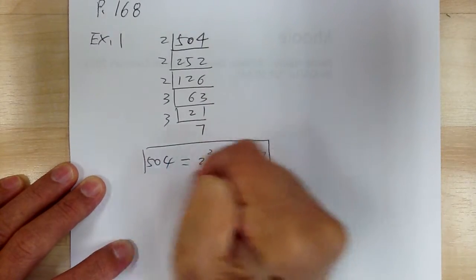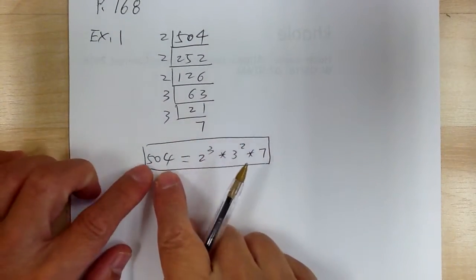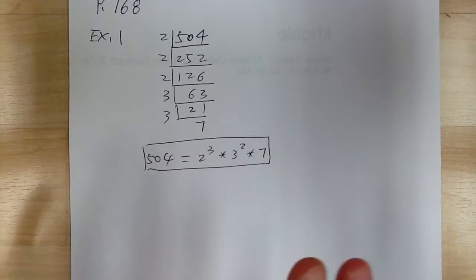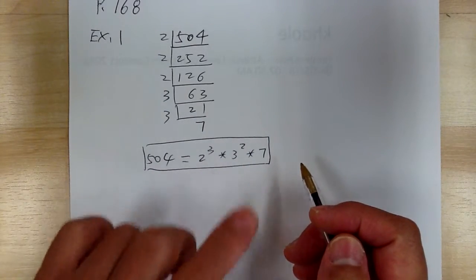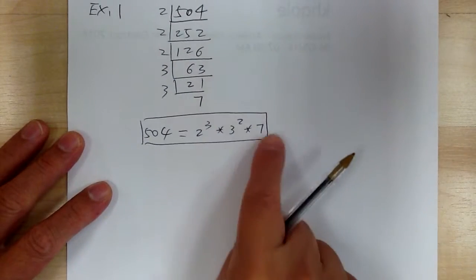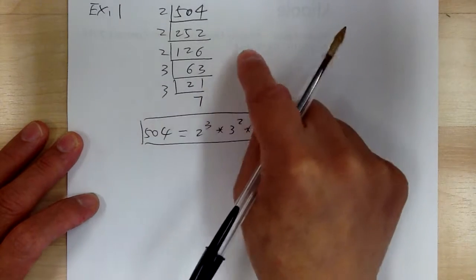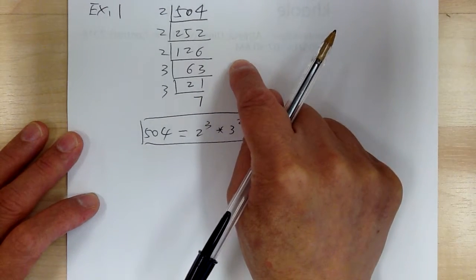So this is called a prime factorization. Basically, you break a number down into its prime factors to see what it is made of. It's like finding the ingredients for that number.